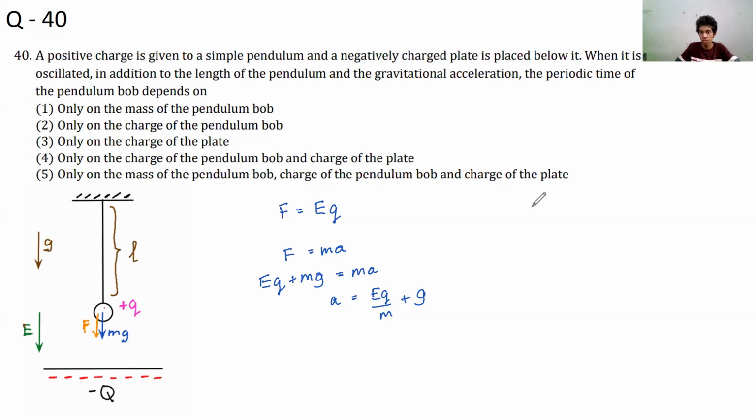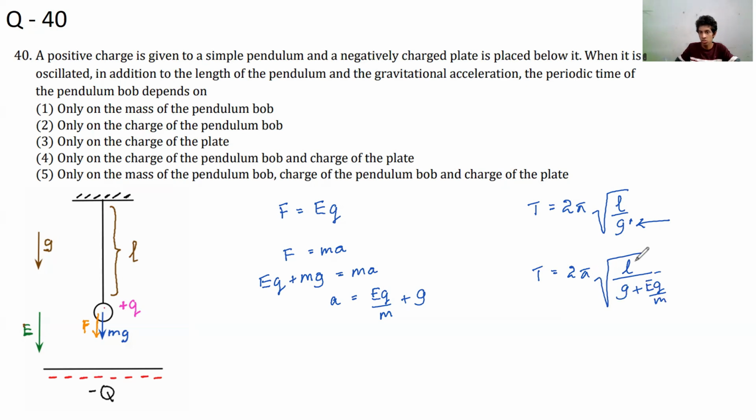You know the periodic time T of a pendulum bob is equal to 2 pi root L over g. Let's take this as g dash, the effective gravitational acceleration on the pendulum bob. Therefore T is equal to 2 pi root L over g plus EQ over m.